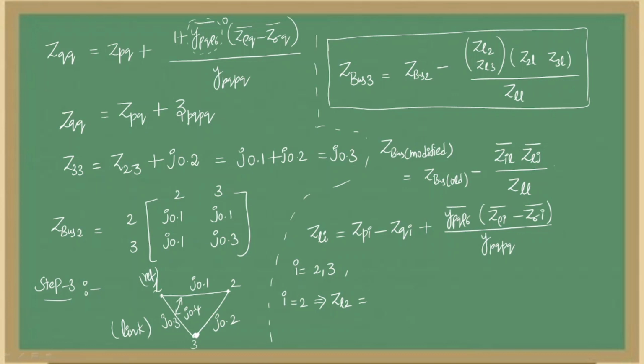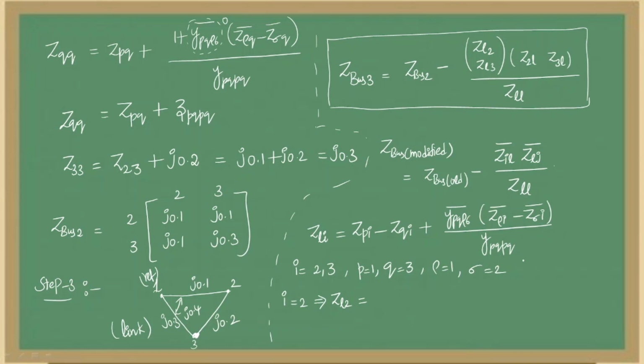As we are adding an element between 1 and 3, P is equal to 1, Q is equal to 3. And what is rho and sigma? Rho sigma are the nodes between which we have an element which has the mutual impedance with the added element. Hence, P and Q are 1 and 3, rho and sigma are 1 and 2. So, rho is equal to 1, sigma is equal to 2.